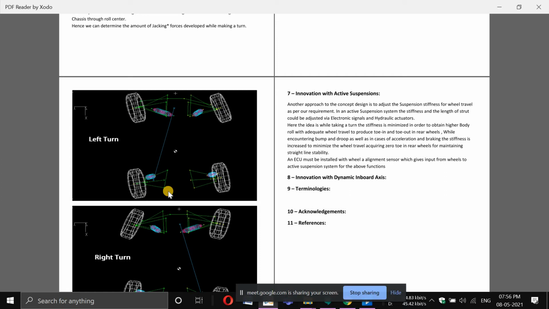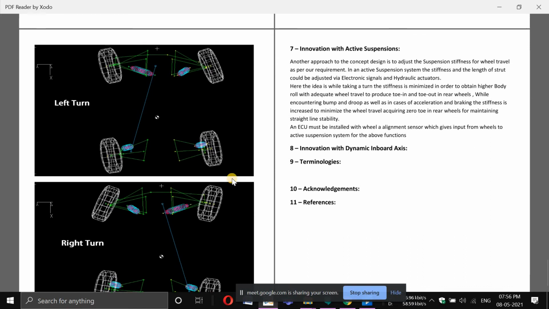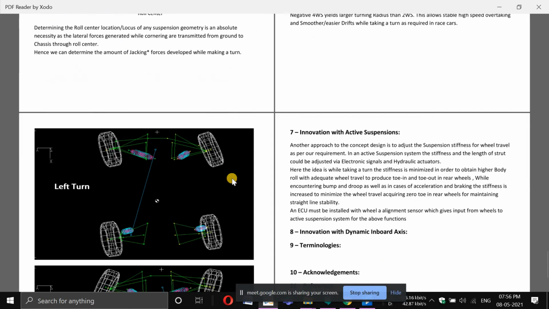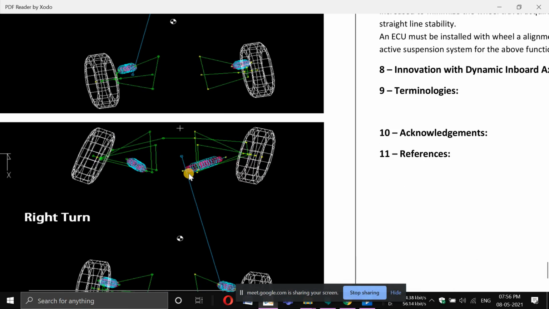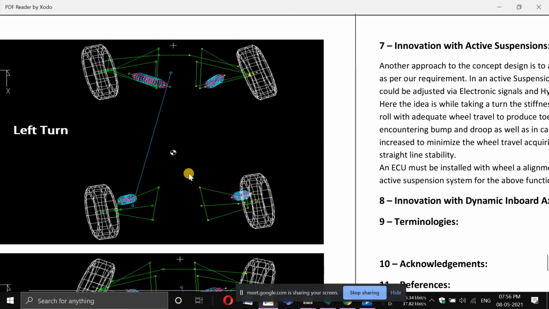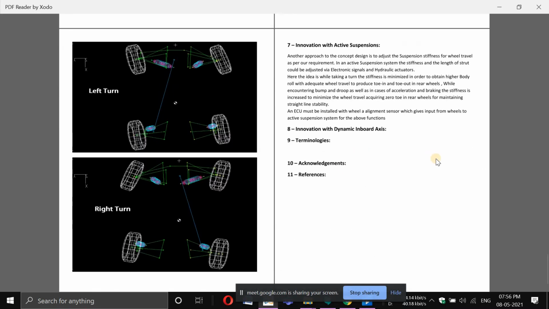Then sine of negative alpha would give minus sine alpha, and minus sine alpha multiplied with beta would give minus sine beta. So all the results would have been reversed, and this negative four-wheel steering, which is used in race cars, could be obtained like this. So yes, sir, this was the project.